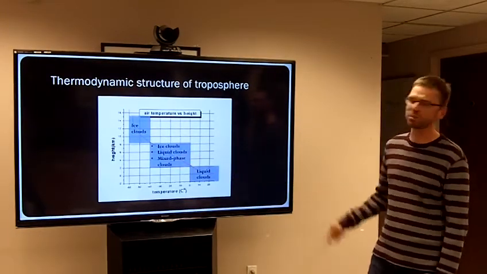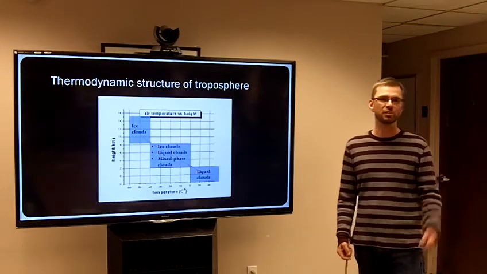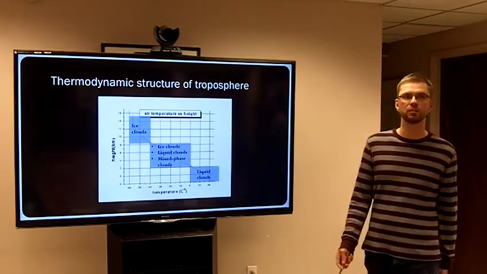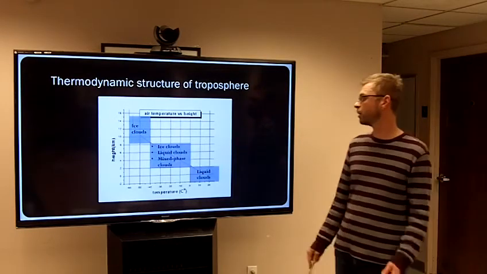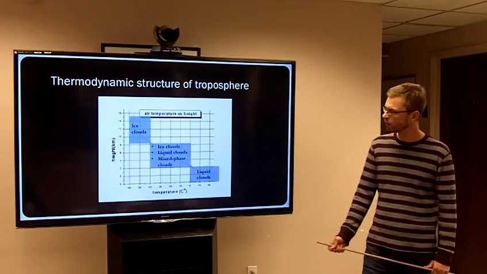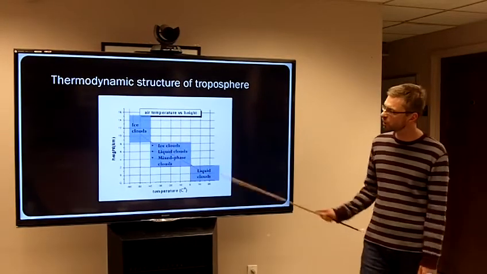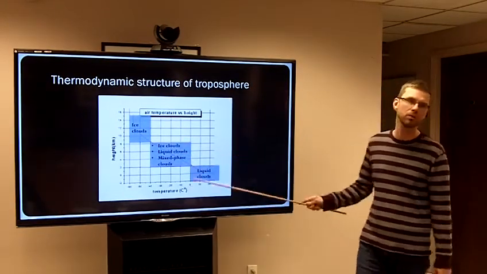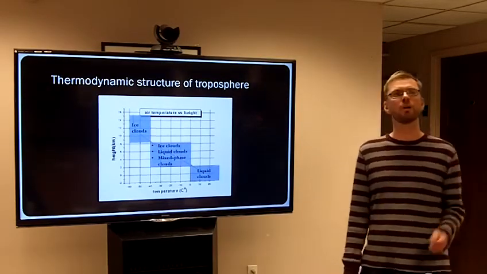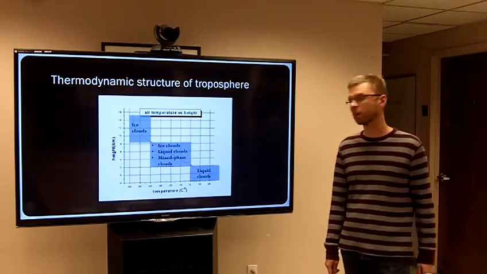And there's this region in between 0 and -40°C where you could have ice clouds, you could have liquid clouds, supercooled liquid, or truly mixed phase clouds where the two phases are combined. So to study ice clouds in this whole domain, you really need to have a good filter on what is ice and what is liquid.